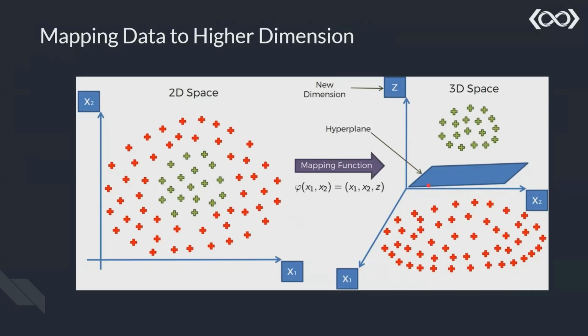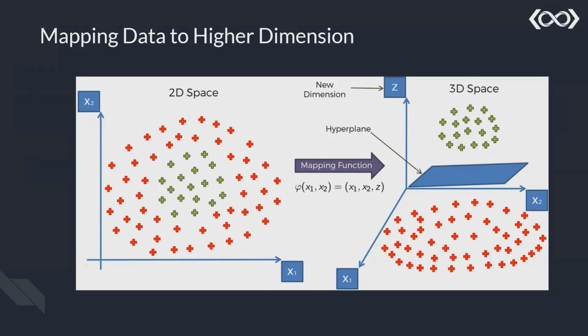So yeah, this concept of mapping the data into a higher dimension works for fewer dimensions, like if you have 2 features or 3 features. But let's consider there are 49 features.